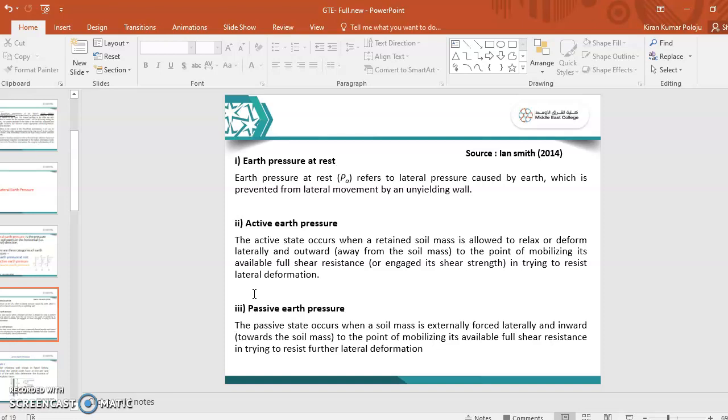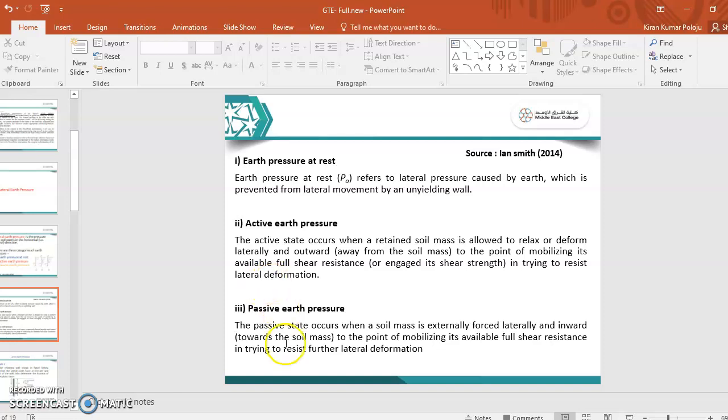And active earth pressure: the active state occurs when a retained soil mass is allowed to relax or deform laterally and outward, to the point of mobilizing its available full resistance.